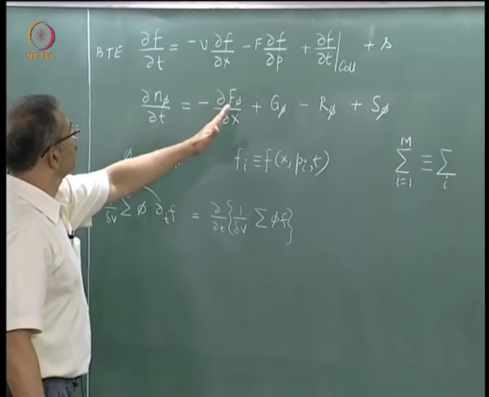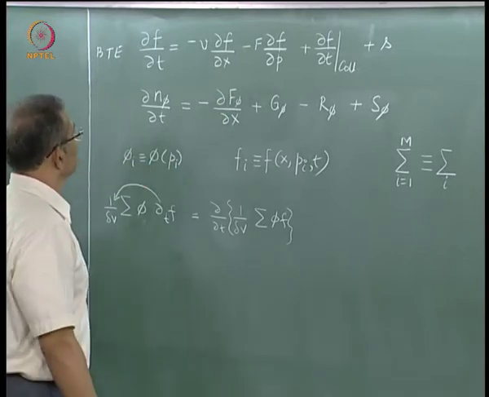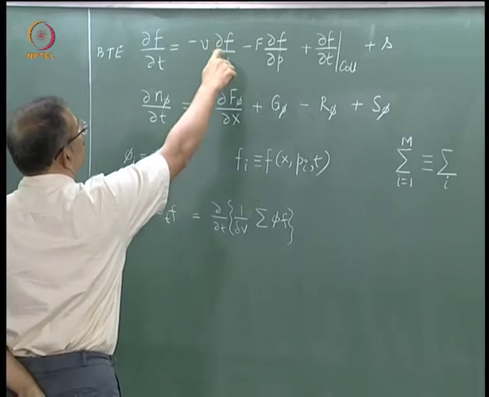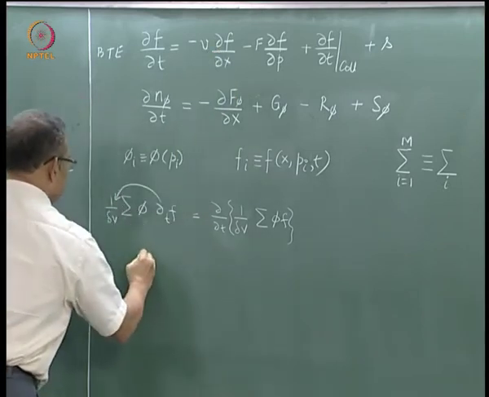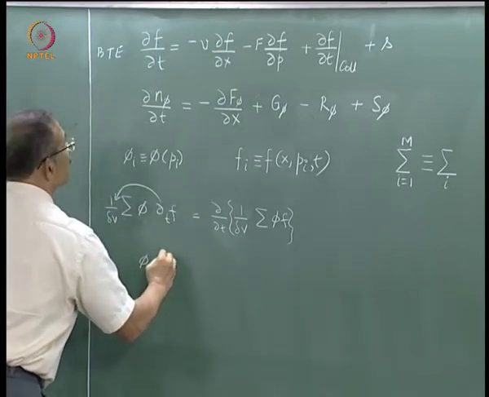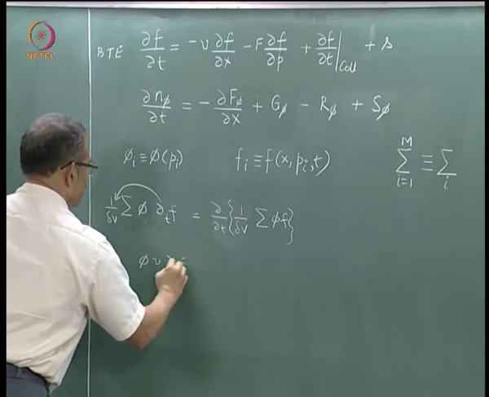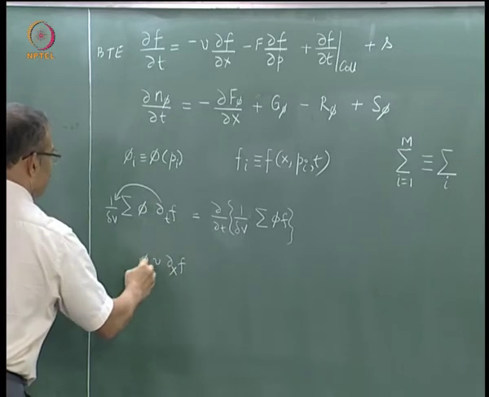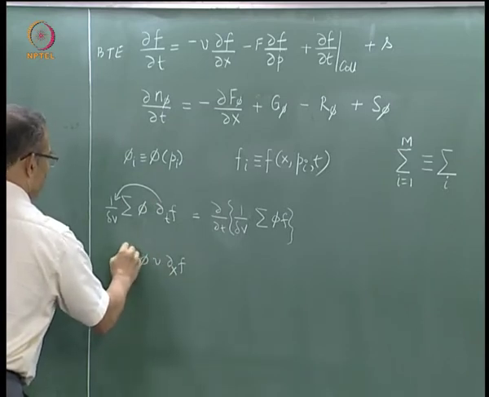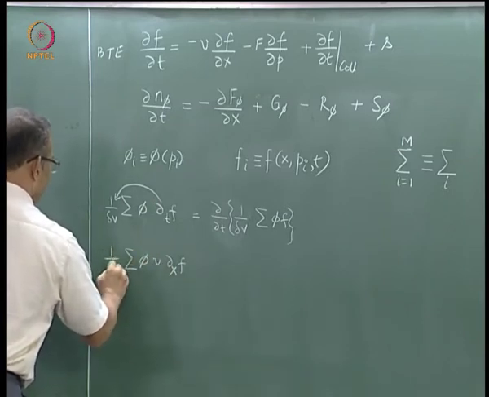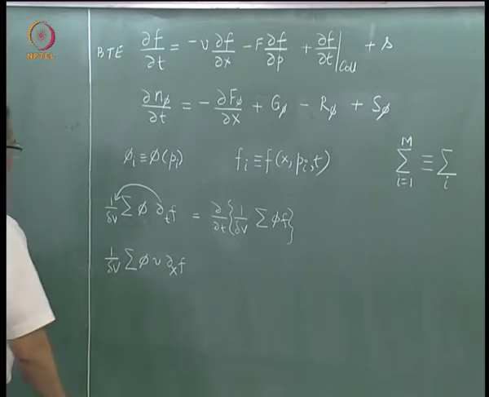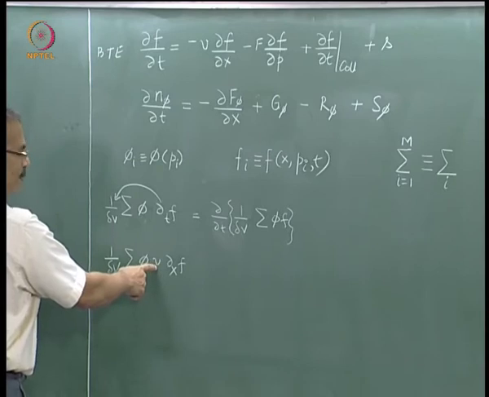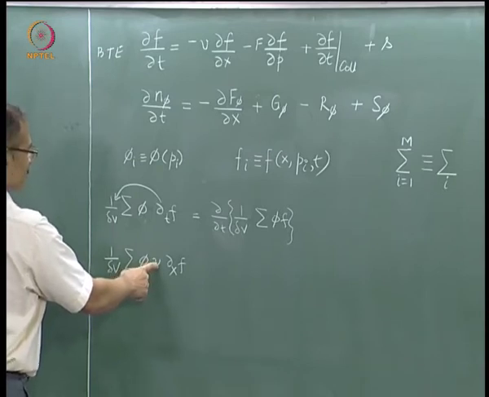Now let us look at the next term, F phi. What is F phi? So let us operate on this: phi into v into dou by dou x of f, over delta v. Now the velocity v is a function of p, it is not a function of x.